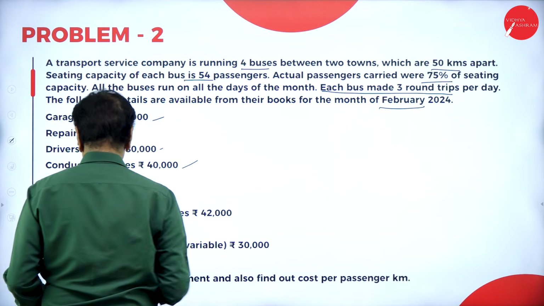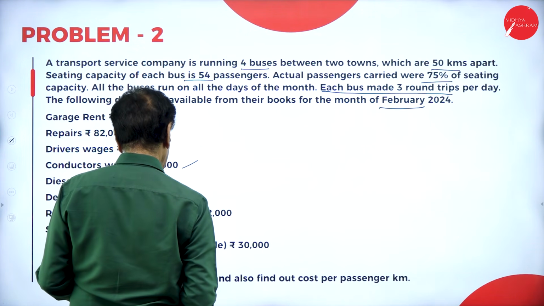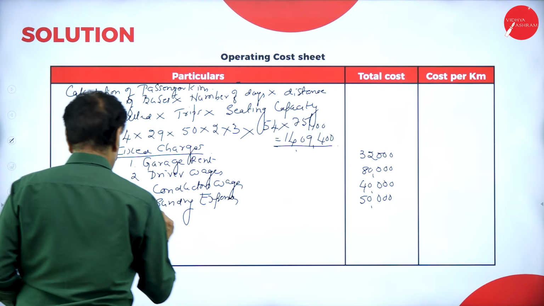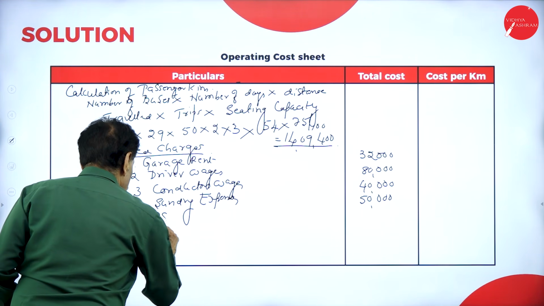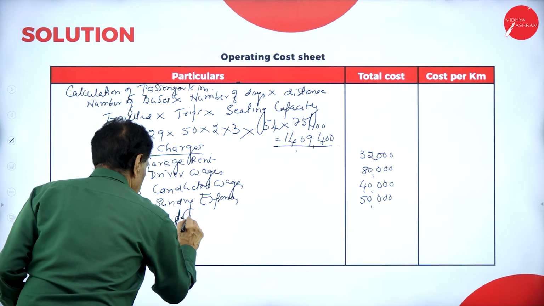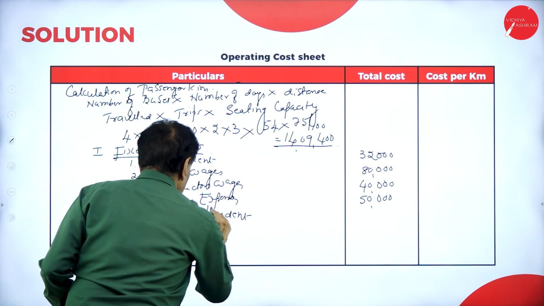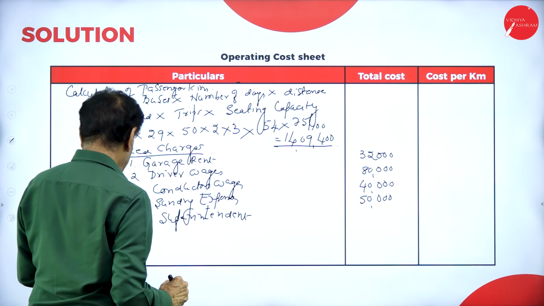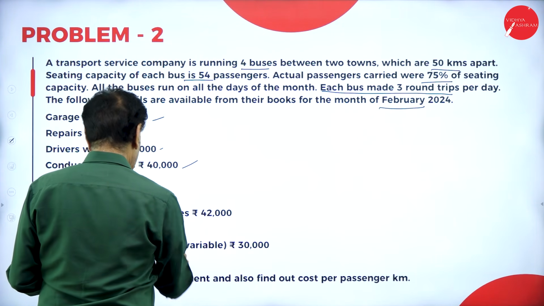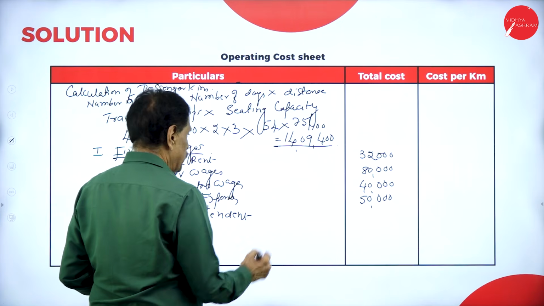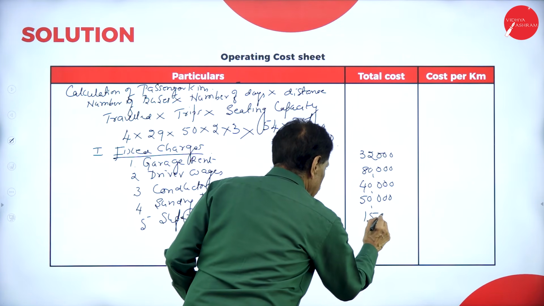Then superintendent salary, how much is there? 30,000, 50% means 15,000.